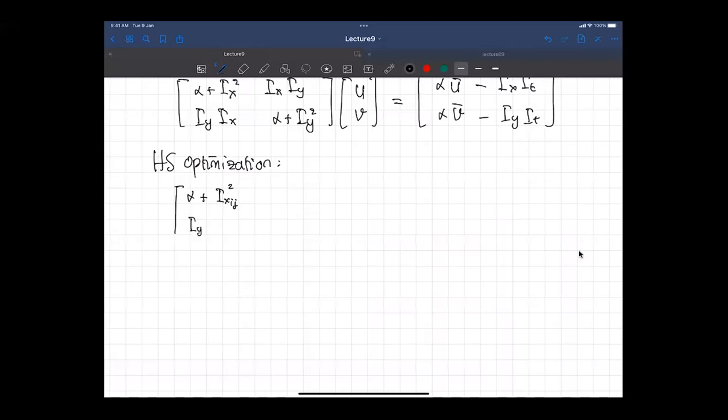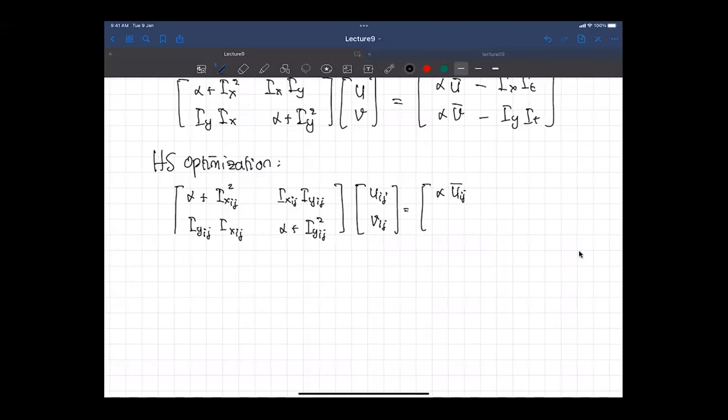So I have Iy ij, Ix ij. So the derivative of the I in that particular pixel. And then I have Ix ij, Iy ij, and I also have alpha plus Iy ij squared multiplied by uij, vij equals to alpha uij average, the average of uij in that particular pixels. And it is computable.